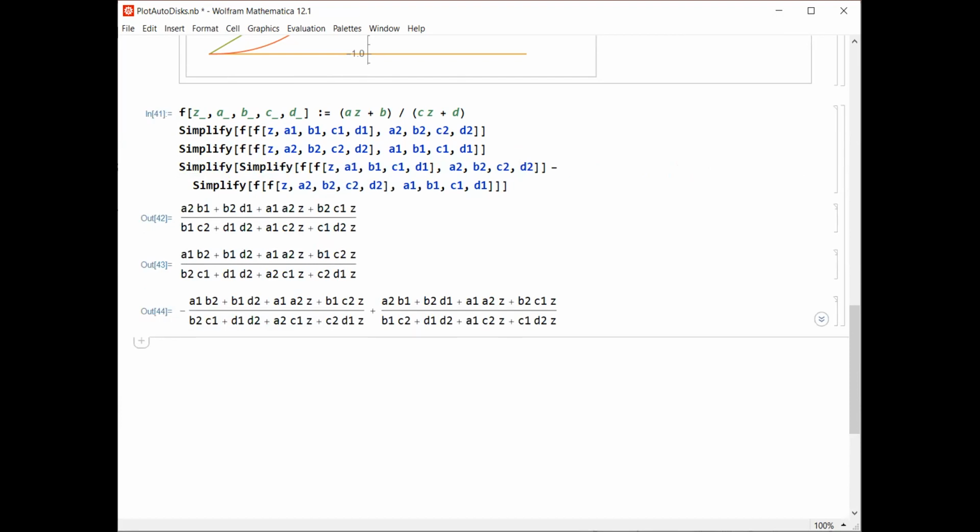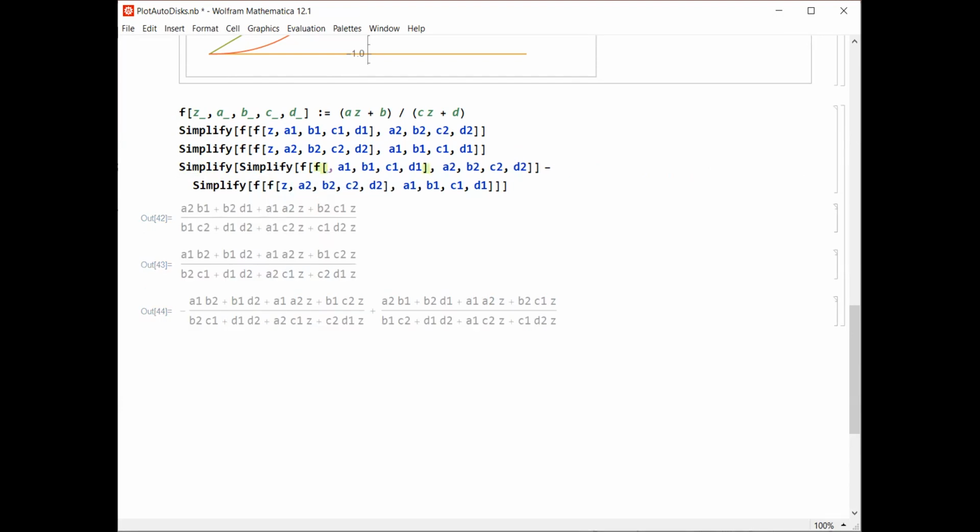It's possible that this is really 0. So how can we check to see if it's really 0? Yes? Try a random value, right? Let's put z equals 1/2.